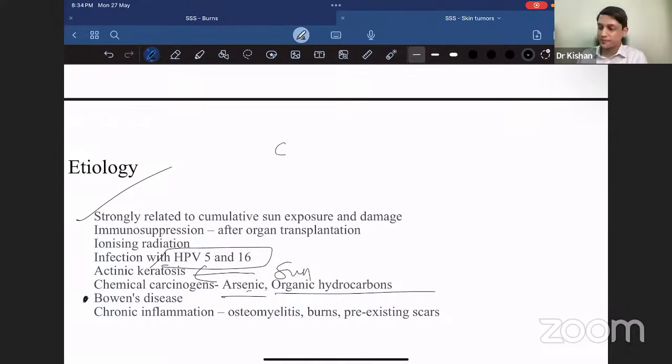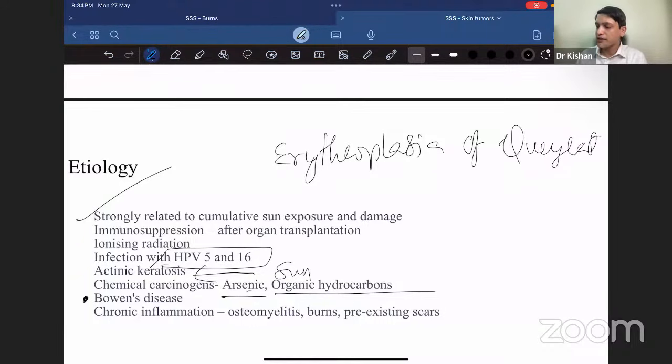Starts with E. Erythroplasia of Queyrat, very good. Parth already answered. Okay, just to revise them.